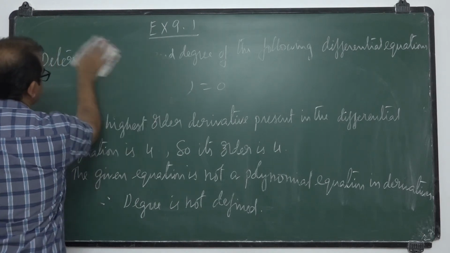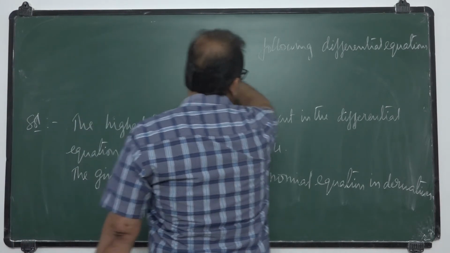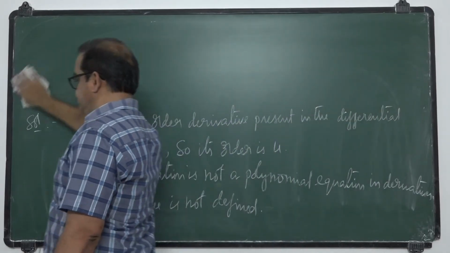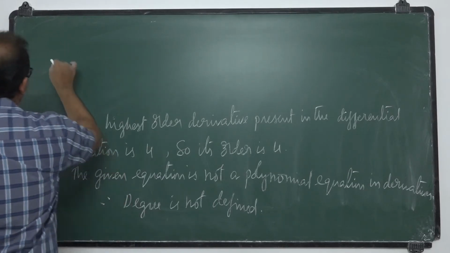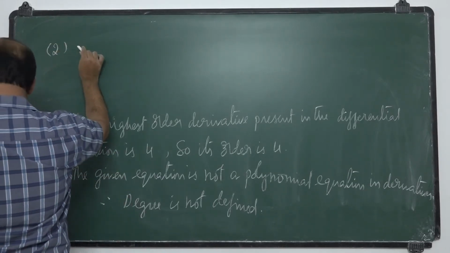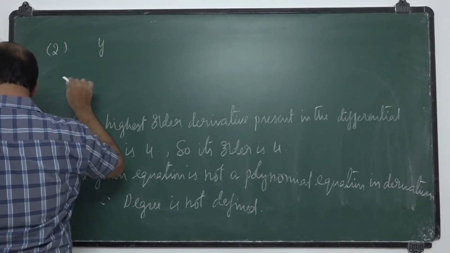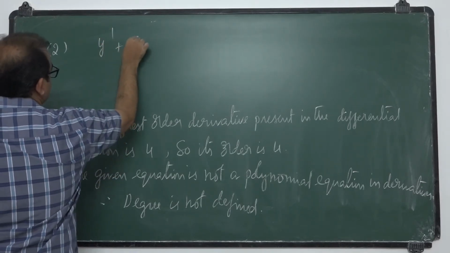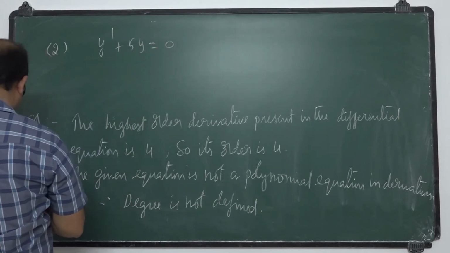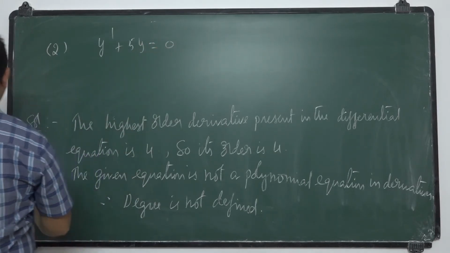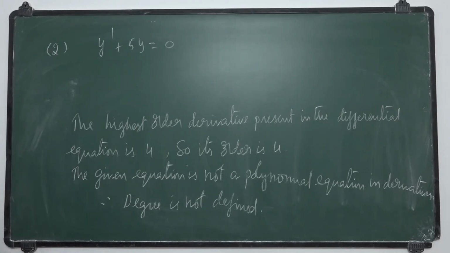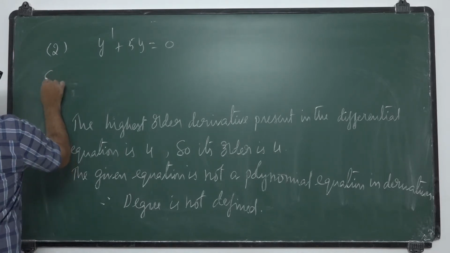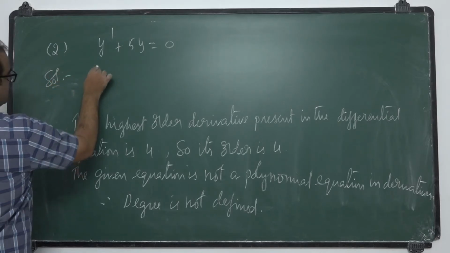Next, second problem. y dash plus 5 into y is equal to 0. Write the solution.